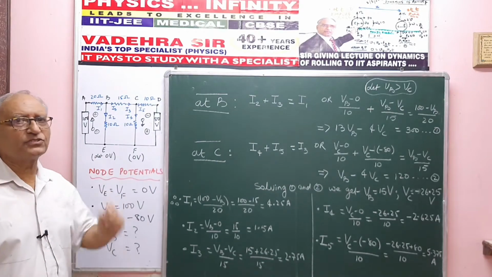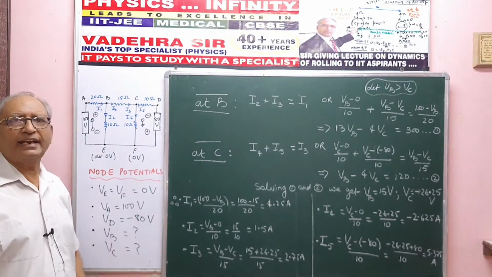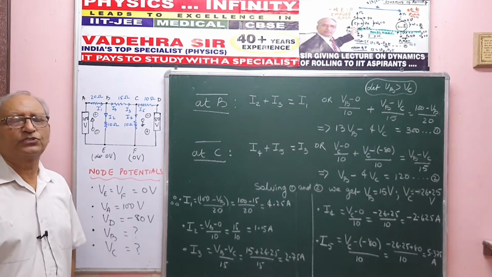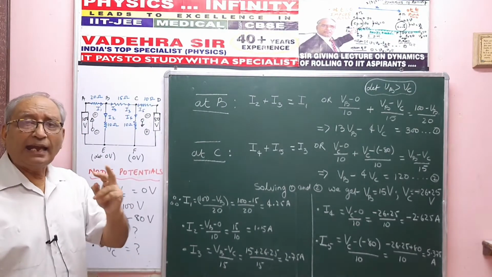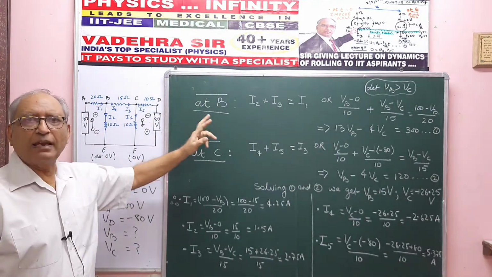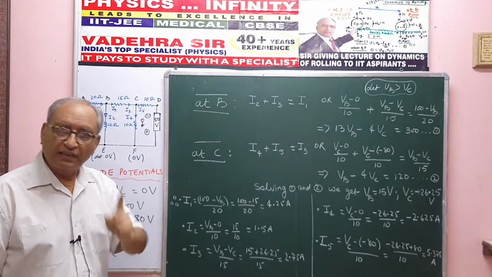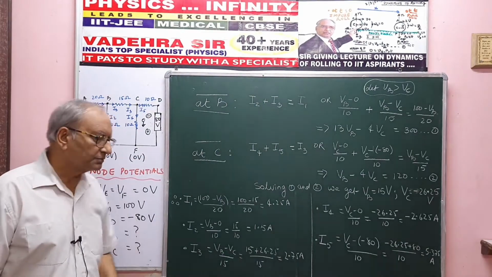I have already identified the nodes. I have taken the reference nodes, the fixed nodes A and D, and the independent nodes B and C. At B, we will apply Kirchhoff rule 1, the current rule.